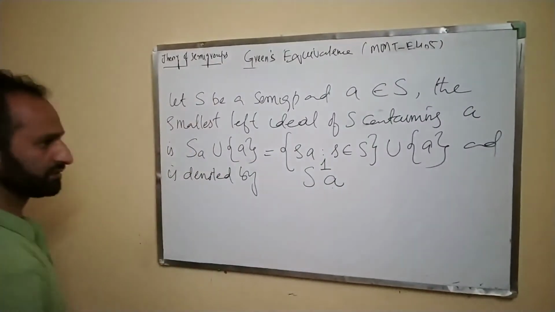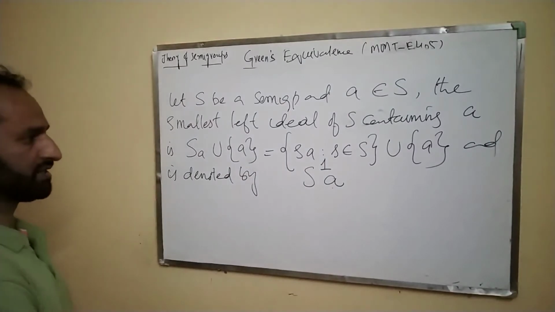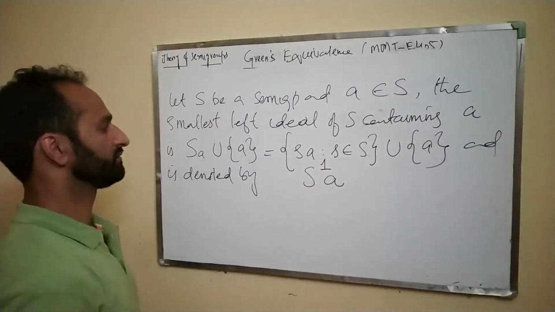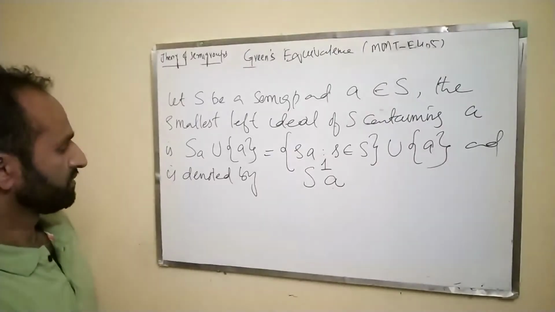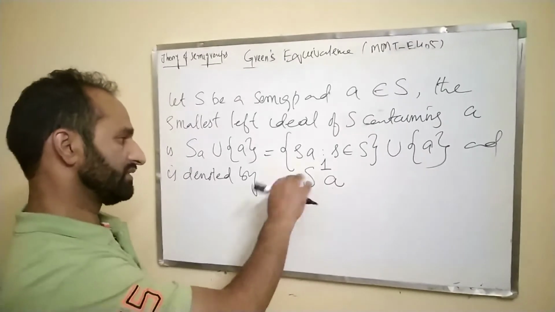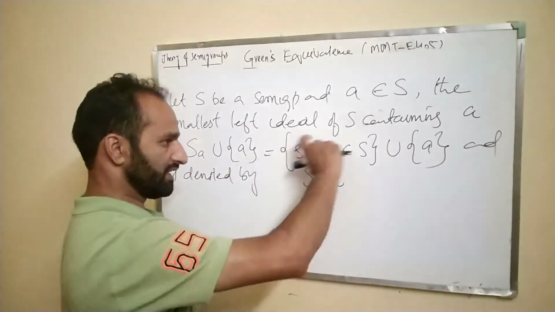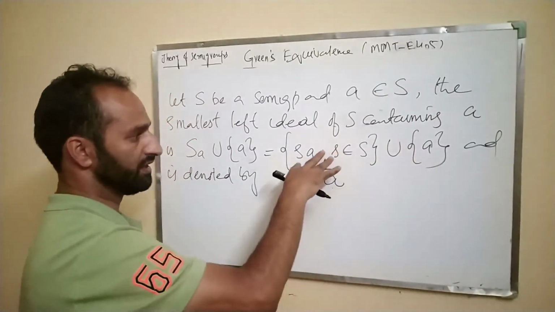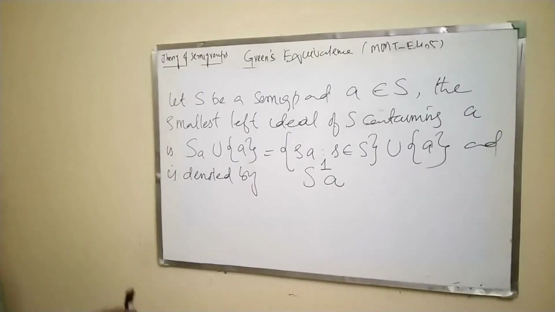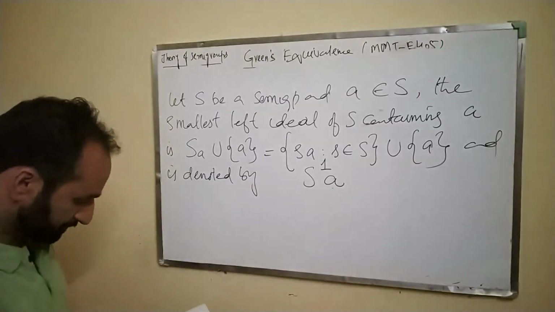This is notation. S1A means SA union this singleton. Or you can directly see this S1A is exactly equal to this. The elements of S1 times A will also contain A and those elements as well, because S1 contains identity.